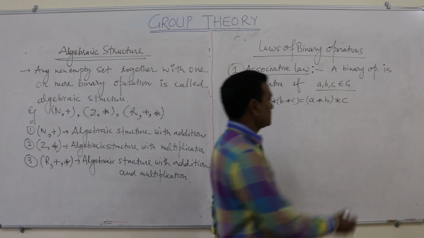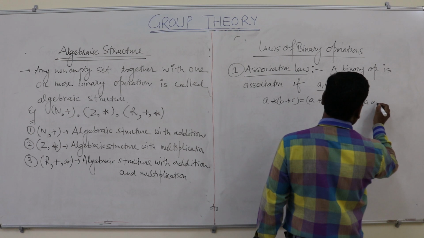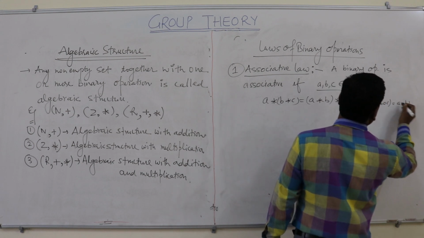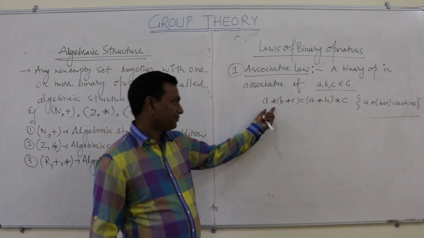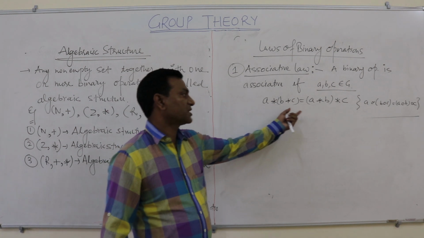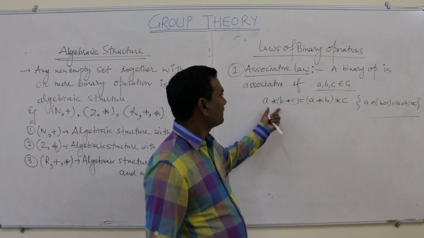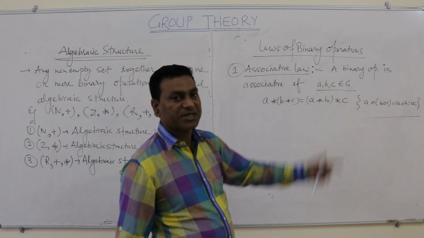If we generalize it, it can be written as (a operation b) operation c equals a operation (b operation c), but we have taken binary multiplication for simplicity. So we can say binary multiplication is a binary operation and it is associative.